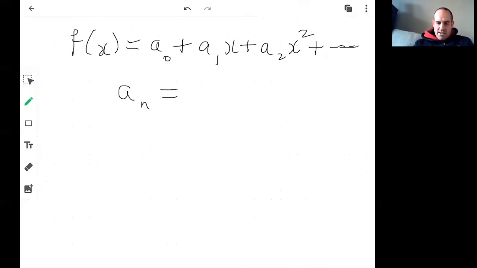You would take the nth derivative, which I'm not going to write in primes. The Newton notation is to put n in parentheses. That means take n derivatives. The nth derivative of the function evaluated at 0 divided by n factorial.